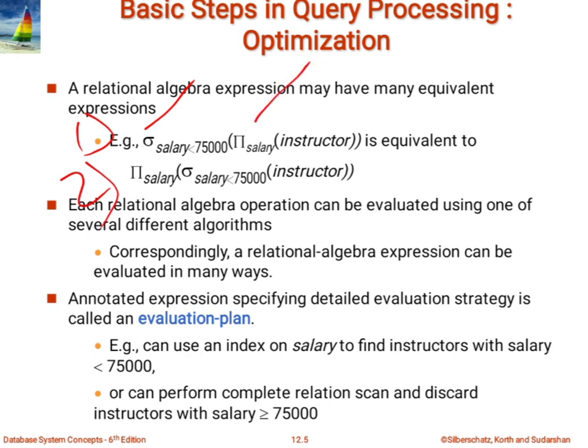In the second example I am doing the projection first and then the selection, right? Both will give me the same output, but the difference in writing will make a different cost for the two queries. Okay, how?